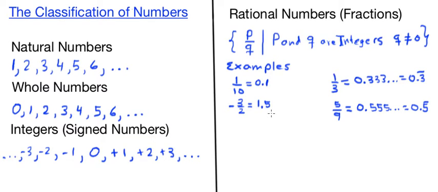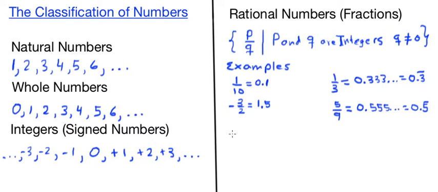This is called a terminating decimal, whereas here the decimal representation does not end but repeats itself. This is called non-terminating repeating. Turns out fractions, when expressed as decimals, are either terminating decimals or non-terminating repeating decimals.